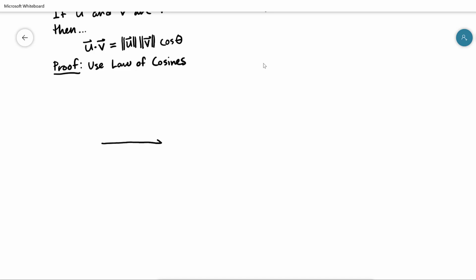Here's a vector that I'll call u. And here's a vector that I'm going to put tail to tail with that one that I'm going to call v. And let's undo that and try to make this a little cleaner.